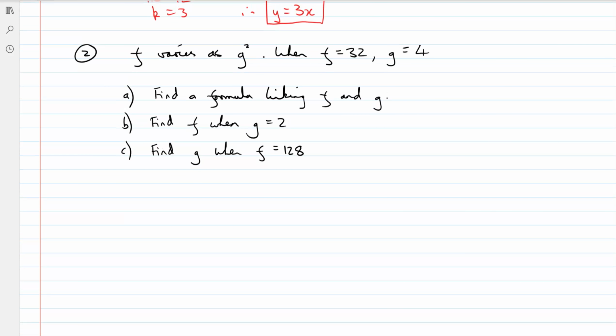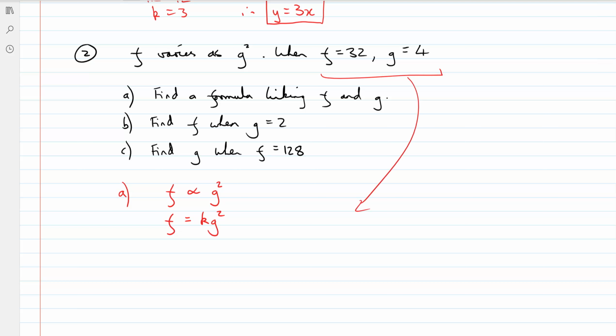So the first bit, part A, f varies as, or is proportional to, this time it's g squared. So all we have to do is make sure we've got our squared so it matches up with the squared in the question. There wasn't a squared in the first question, but in this one there is, so we just have to make sure we're aware of that. We then change the proportionality sign to an equals and we multiply the right hand side by k, so kg squared. Sub in these values.